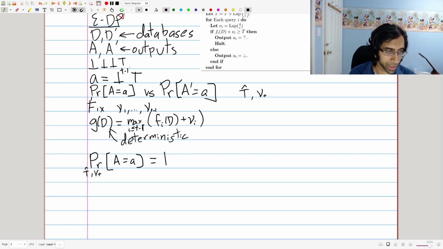First of all, it's the probability that t hat is greater than g of D, and that all the other ones are greater than the threshold.